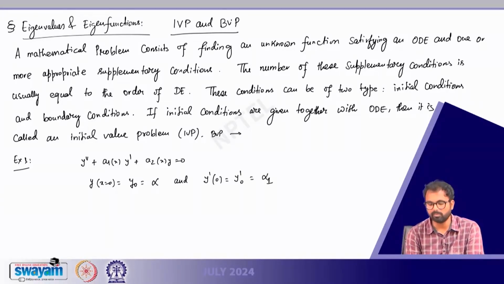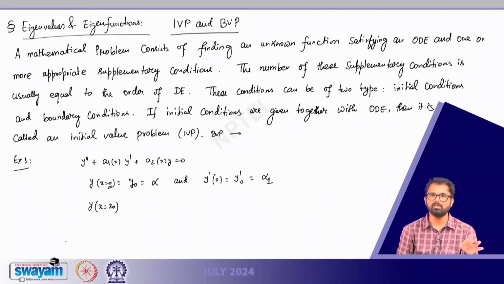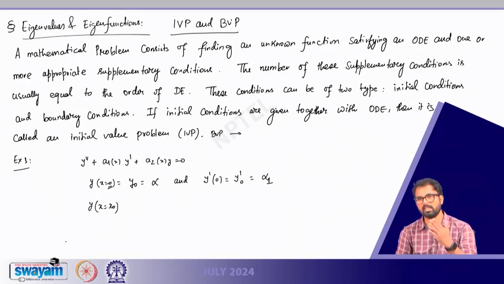You do not always have to take 0, you can say the initial point is x0. Here I have taken x0 equals 0 as the starting point, but it can start from any x0, and then y at x equals x0 is y0 which is alpha, and y dash at x equals x0 is alpha 1.